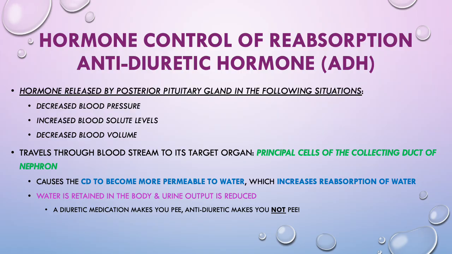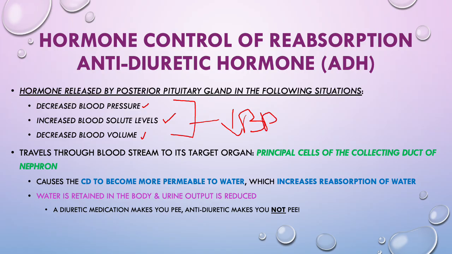This one is released by the pituitary gland when we have decreased blood pressure, increased solute levels, meaning there's a high concentration of solutes in our blood caused by low fluids, and decreased blood volume. The whole stimulus is that our blood pressure or volume level is low.